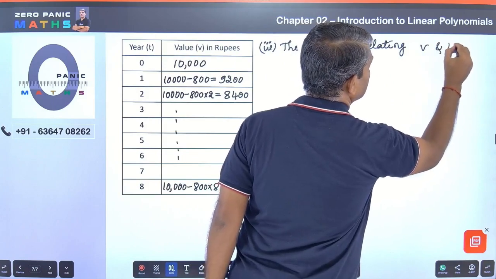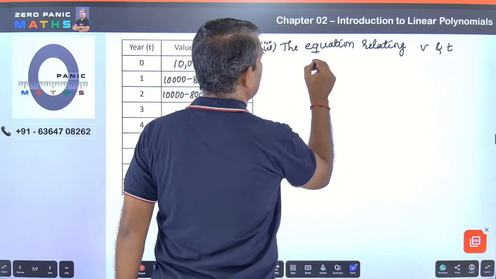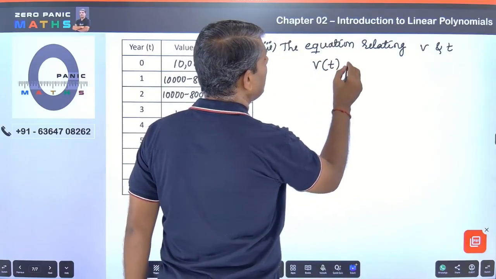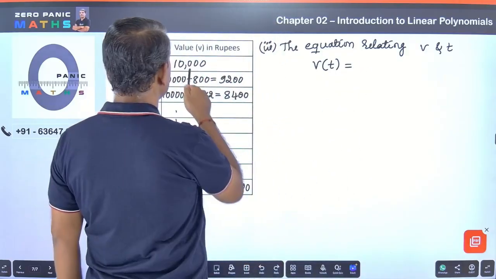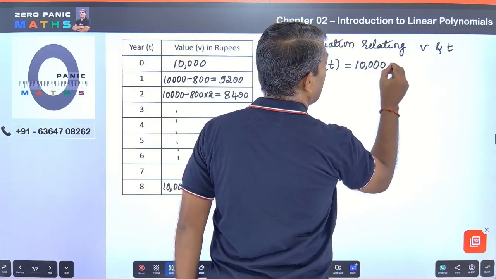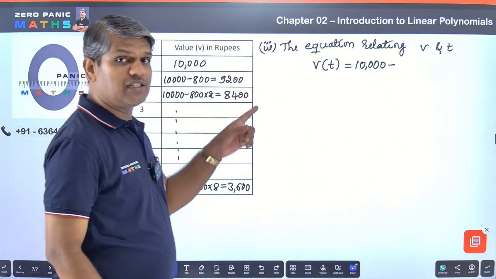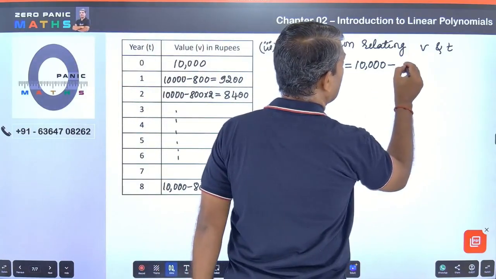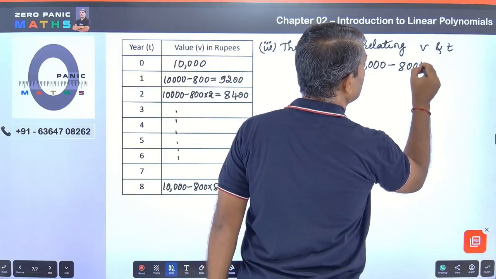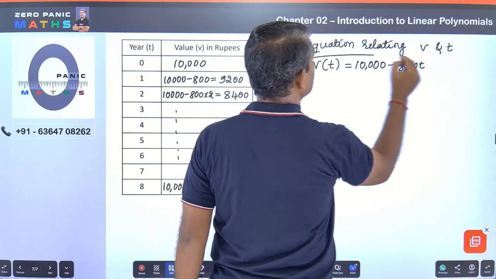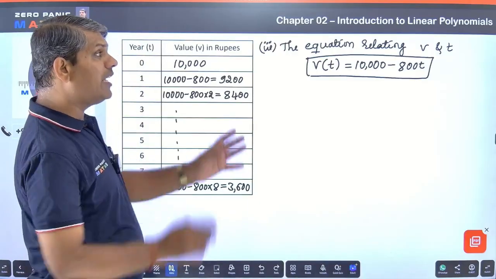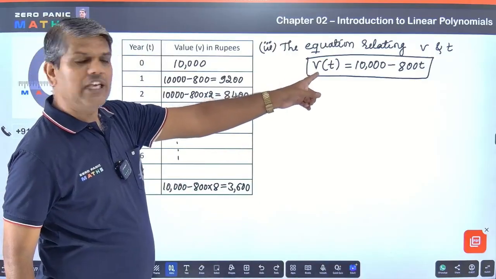It will be v of t, the value after t years. V of t: the initial value was 10,000, and the depreciation is 800 into t.